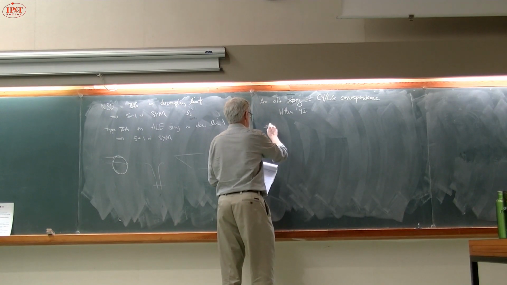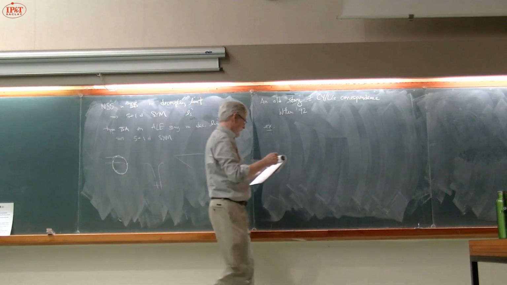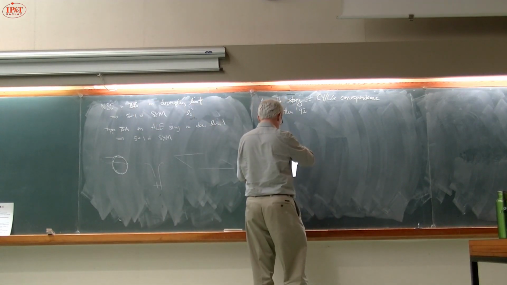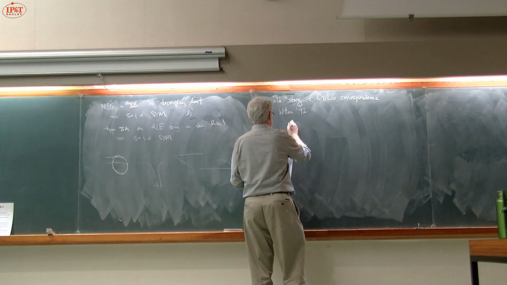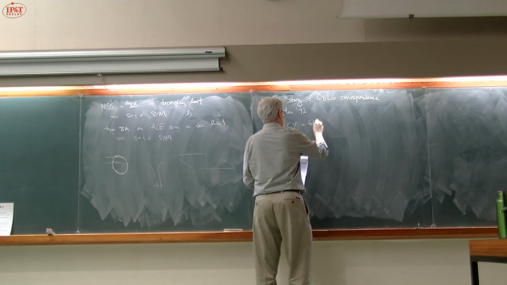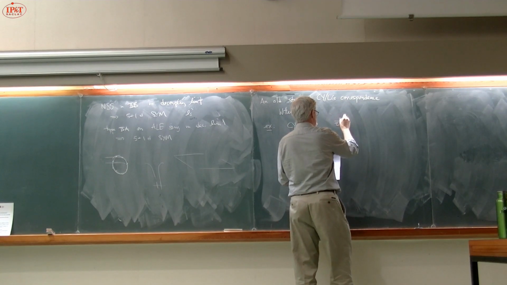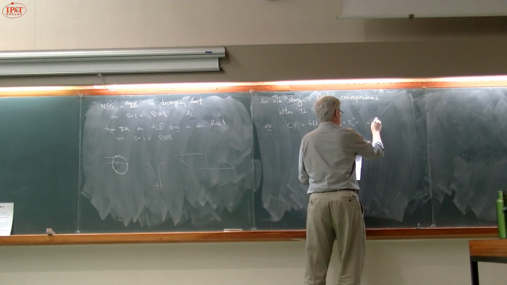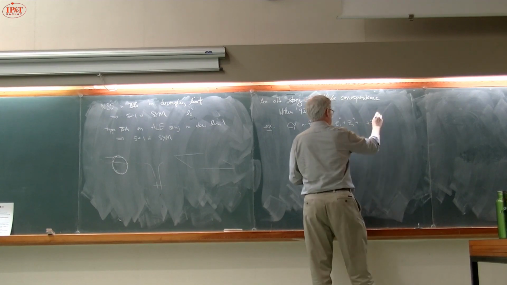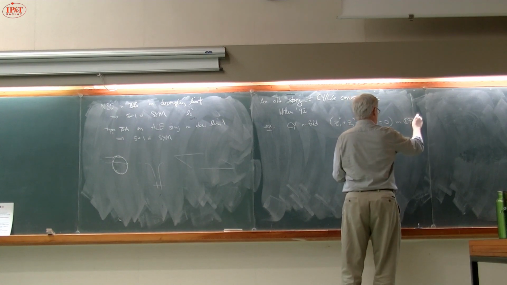Well, I'll get to singularities in a minute. Let me think about a Calabi-Yau n-fold, which is the hypersurface z1^n + z2^n + ... + zn^n = 0 in CP^(n-1).